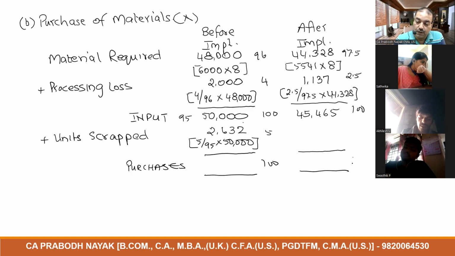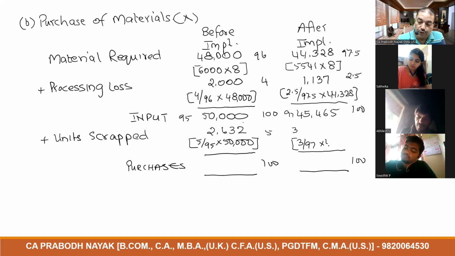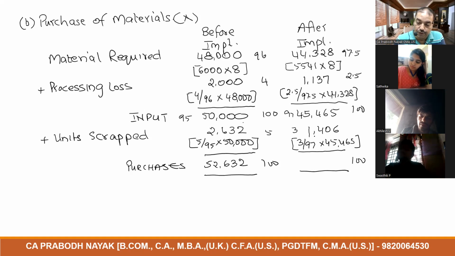This is going to be 3%, so this will be 97. So 3 by 97 into 45,465 is 1,406. So 52,632 and 46,871. These are all units, not rupees.